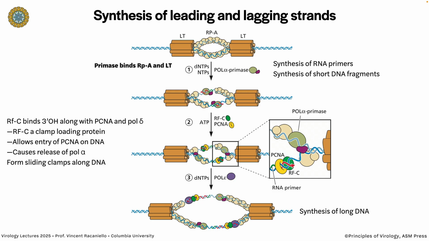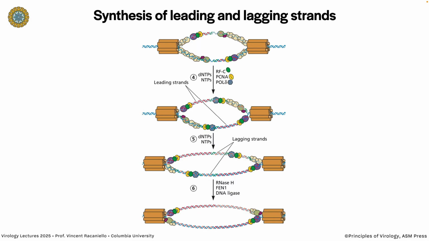All right, so primase makes the primers, short DNAs, then epsilon comes in and makes longer DNAs. And large T remains bound so it can continue to denature the DNA. And at this point, you're making long DNA. And that gets longer and longer. You can see our leading strands and our lagging strands here.